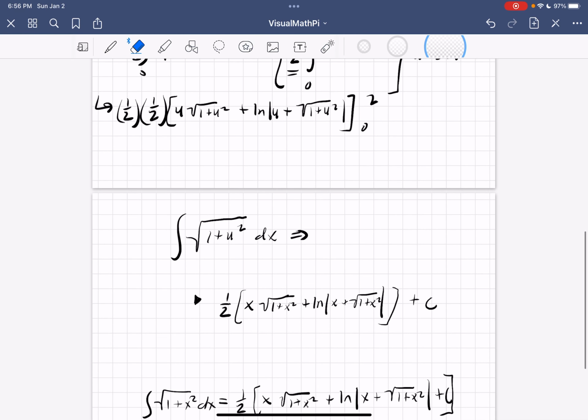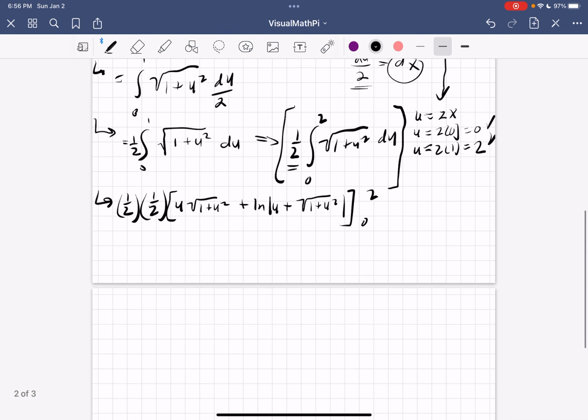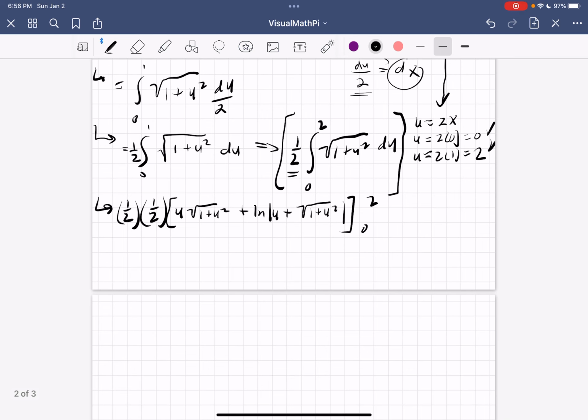We have some extra work from previous right here, which I can just erase. And now we can clean this up a little more. So that would be 1 over 4. And then let's see, what do we have?